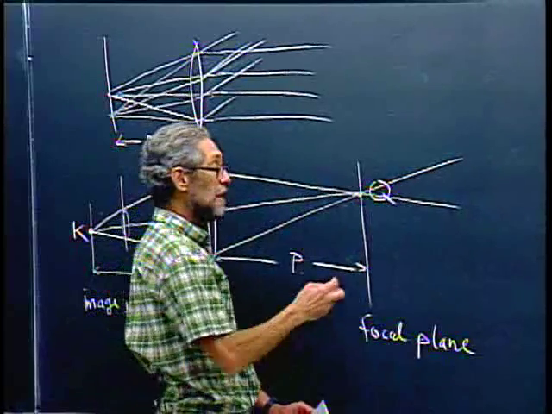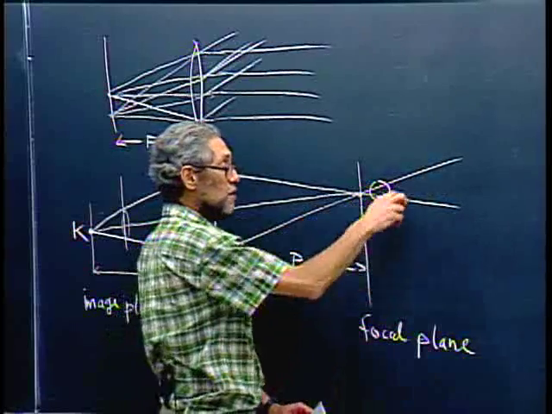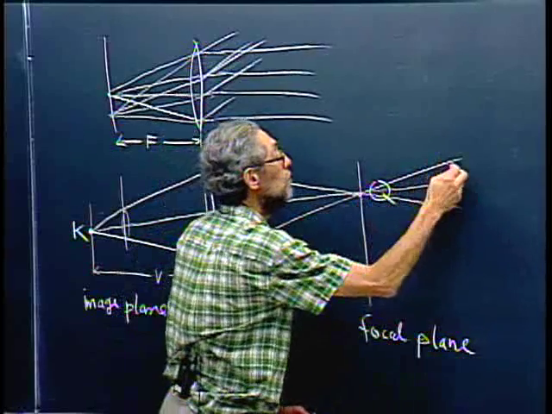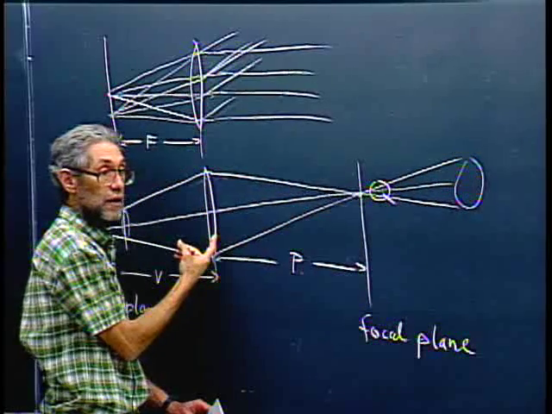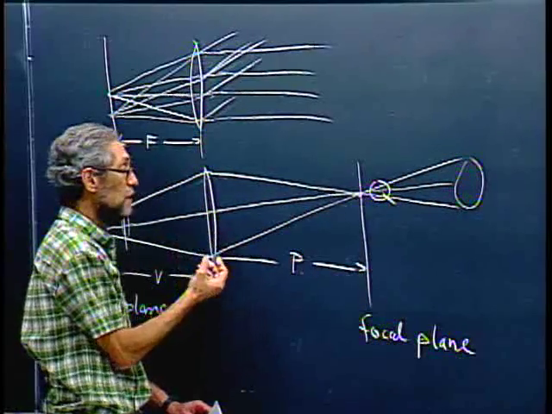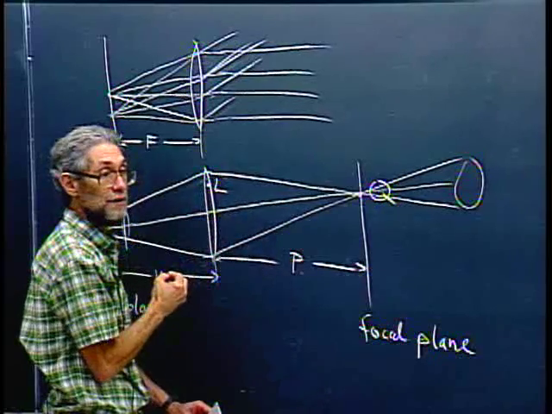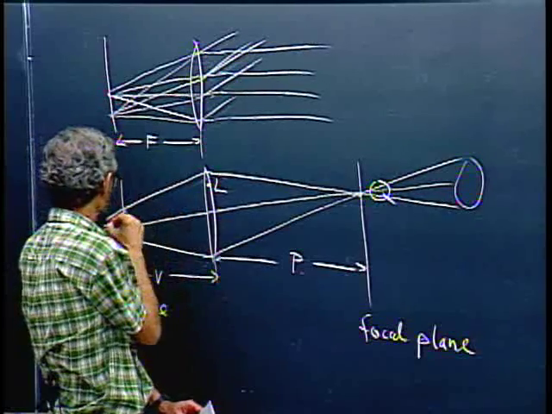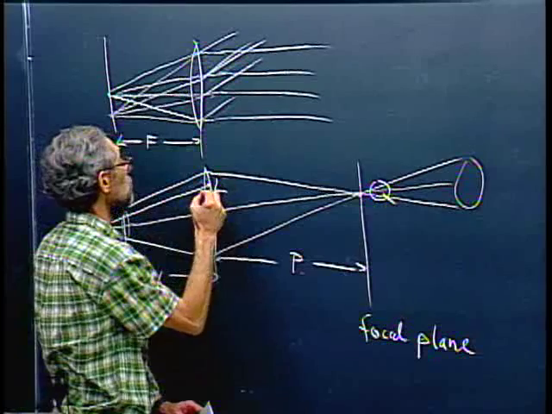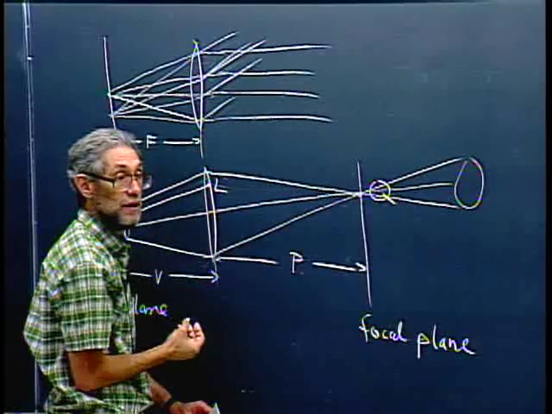So if we want to find the contribution of everything in the scene, either in this part past Q or in this part between Q and the front, basically what we have to do is sample a point L on the lens and figure out where the ray from K to L refracts and where it goes into the scene.